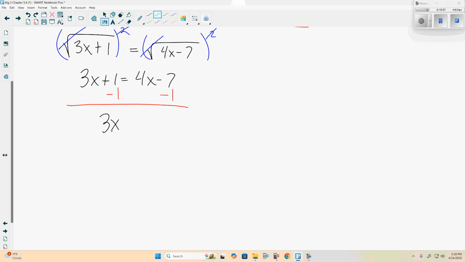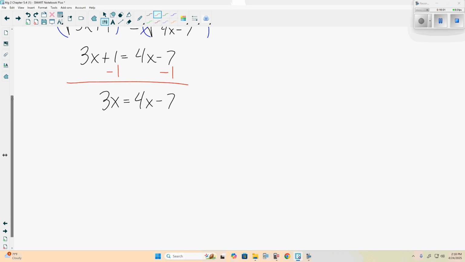Telling us 3x is equal to 4x minus 7. Then we would subtract 4x, telling us negative x is equal to negative 7.